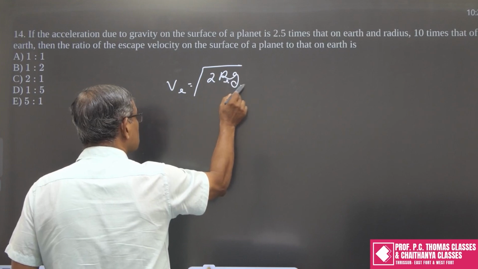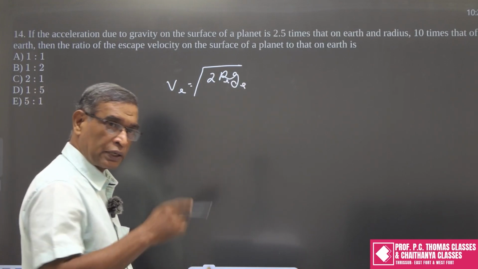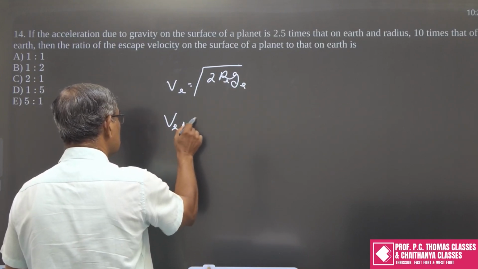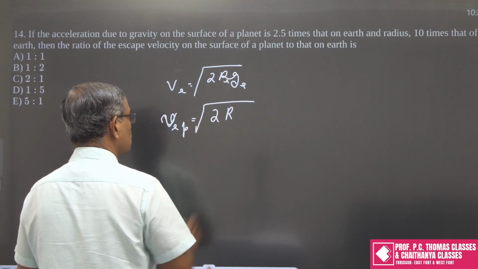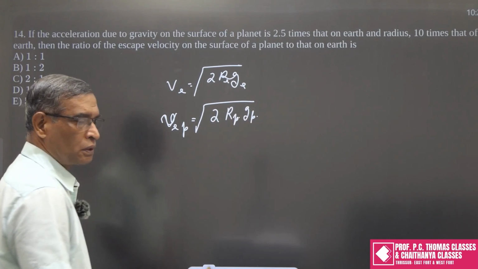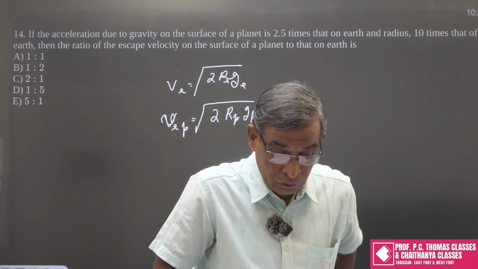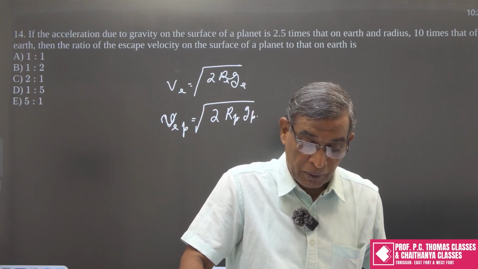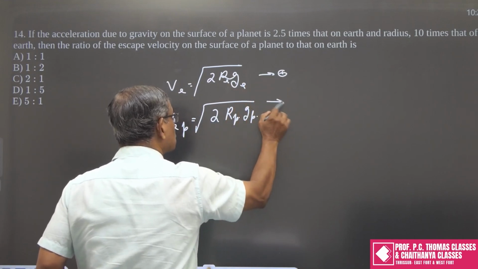This is for Earth, equation number 1. For another planet, V escape of planet is equal to root of 2 R planet into g planet, equation number 2.